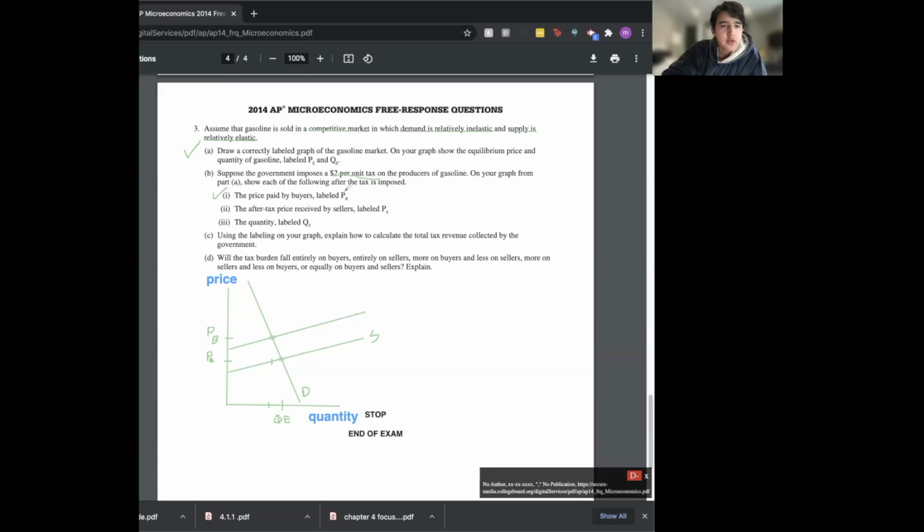That is because you have to take that $2 off this PB in order to get the supply that there would have been beforehand. To get that same amount, we'd have to take off the tax as we established earlier. And that would be PS.